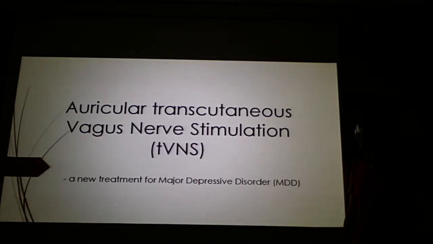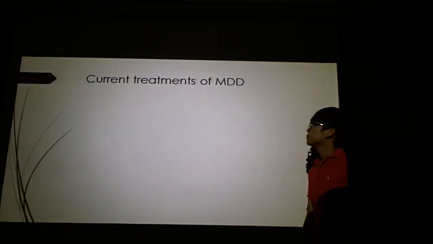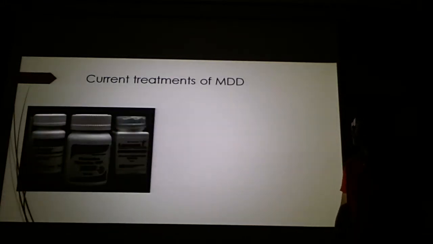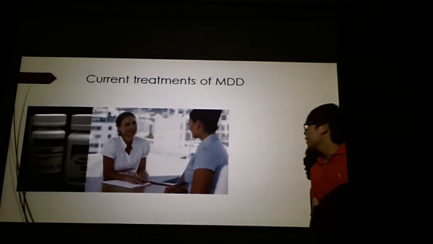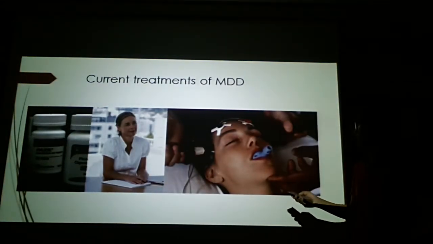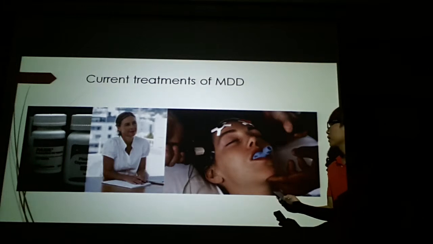It is a new treatment for major depressive disorder, abbreviated as MDD. Current treatments of major depressive disorder are first drugs, and second counseling, and electric shock. And this is just putting an electric shock in your body.